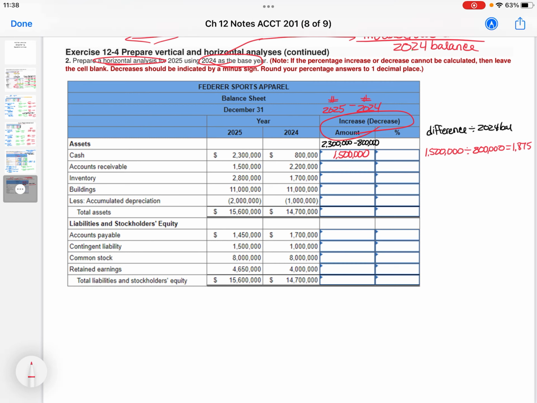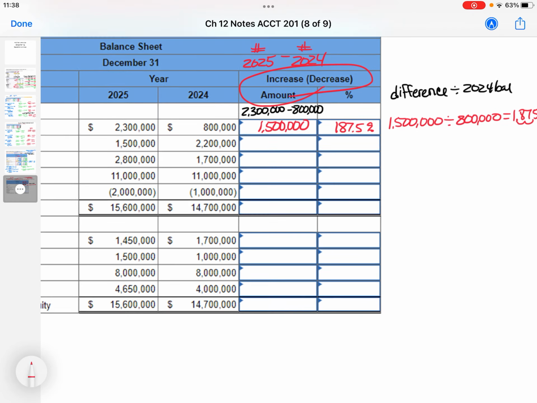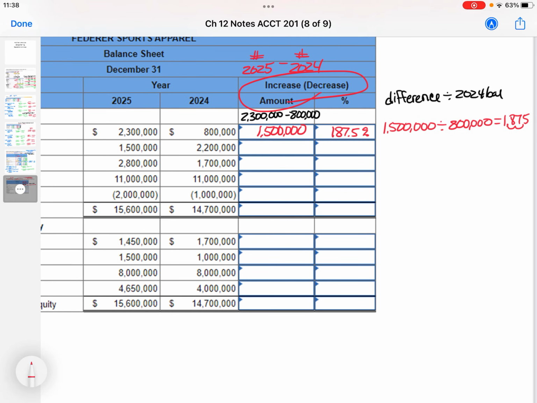Now we need to convert this to a percentage, so it's 187.5%. I'm going to zoom in. We don't really need to see this, it's the cash. So 187.5% tells us how much it's increased. Because it's a positive number, I know it's increased.